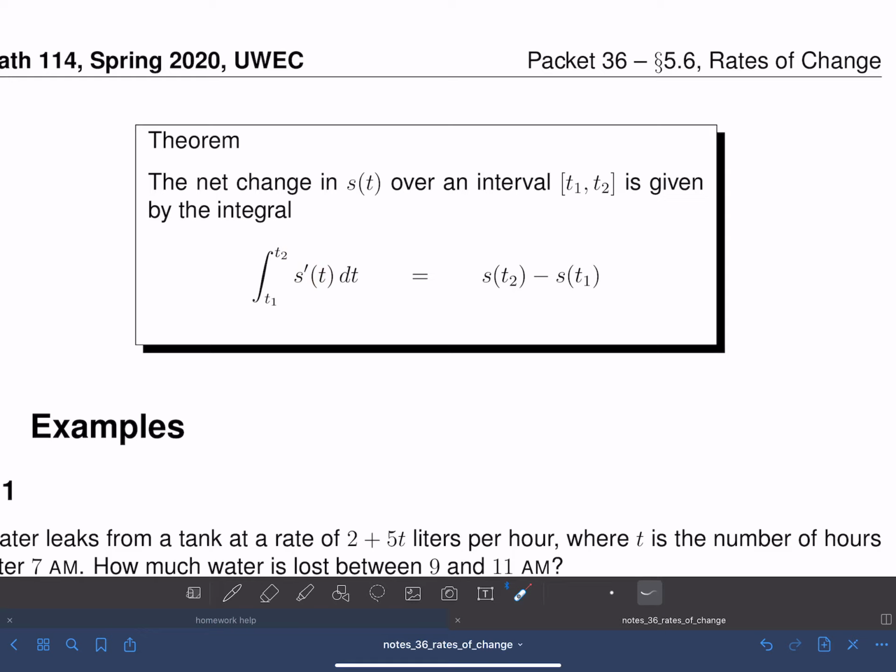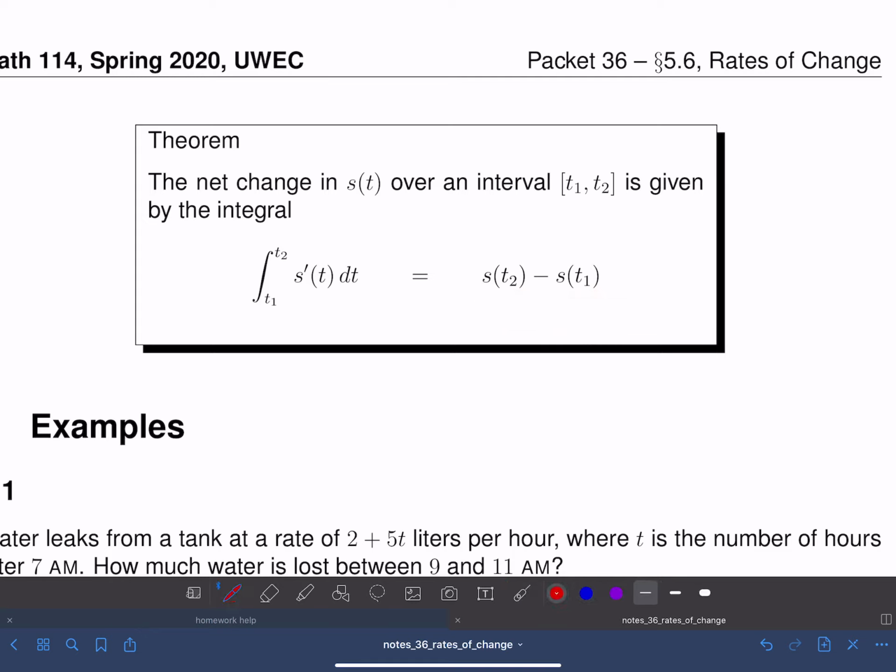It says that the net change in some state s of t over an interval t1 to t2, or if the variable happens to be x, that's fine, the name of the variable doesn't matter, for a continuous phenomenon is given by the integral from t1 to t2 of s prime. The integral of the rate of change is equal to the net change.